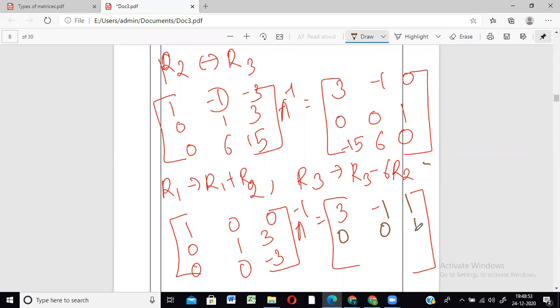R2, there is no change. And then R3 minus 6 times R2. It's not going to make a change here because that is 0 only. So 0 minus 6 times 1 is minus 6.